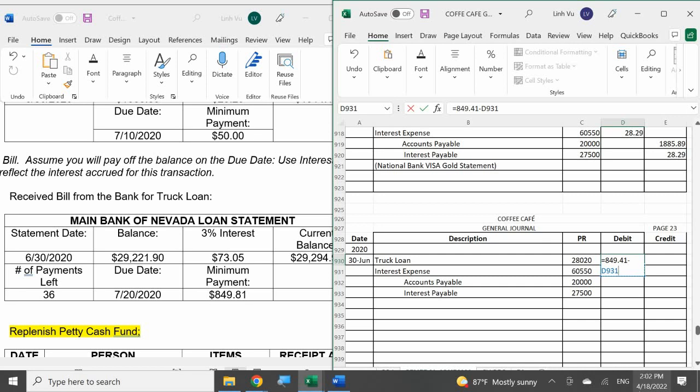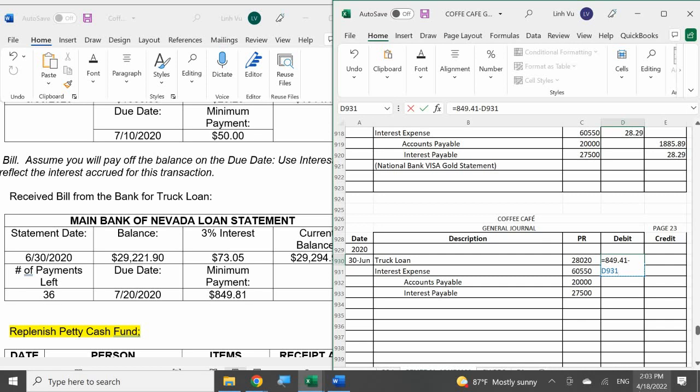Not 840. Remember, rules of paying things off. You always pay the interest first, unless you make a second payment.